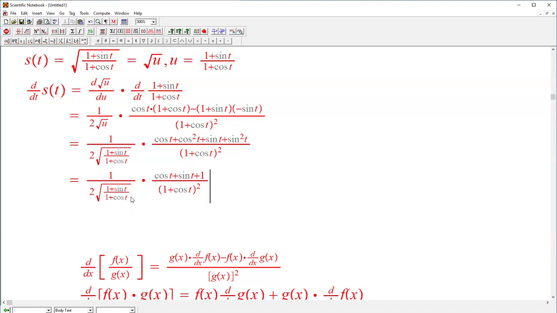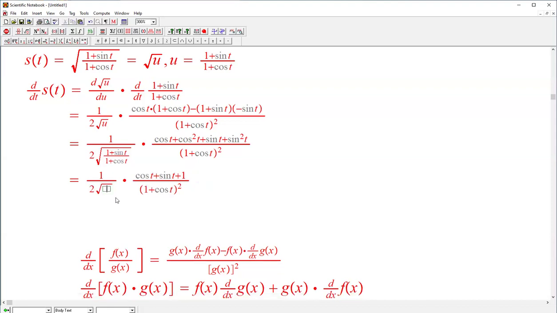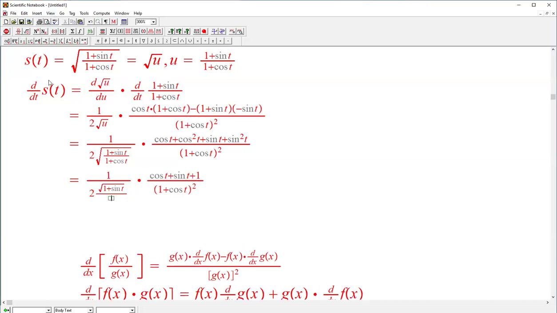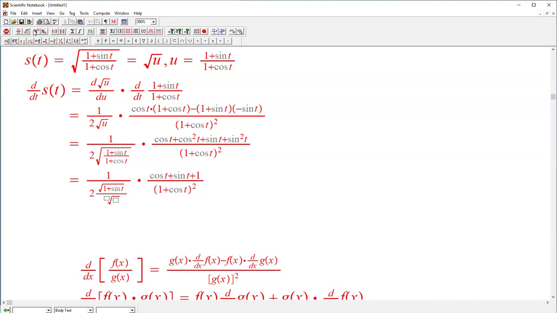This part, we can reduce this complex fraction by (1 plus sine t), stays there, right? So we're going to write it this way. (1 plus sine t) divided by the root of (1 plus cosine t).